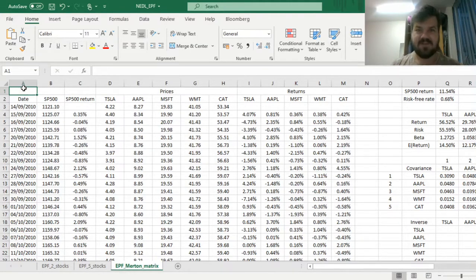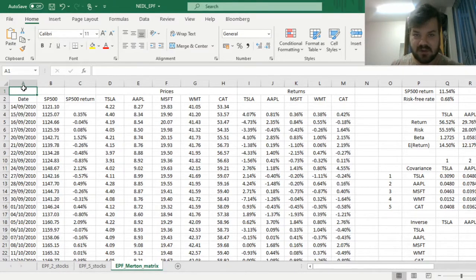My name is Seva, and today we're finally completing our discussion of the efficient portfolio frontier and modern portfolio theory. We are investigating the general case of how to build the efficient portfolio frontier, this pretty curve that relates expected return and risk, the standard deviation of a portfolio, when you have more than two stocks, and without even using MS Solver.